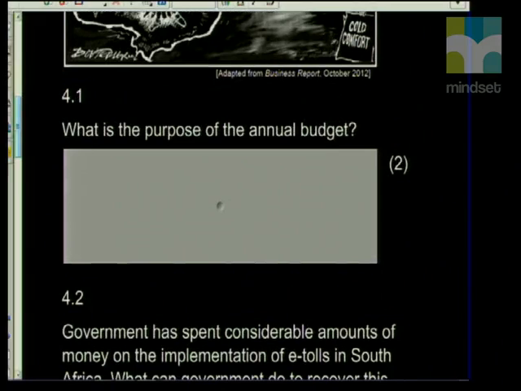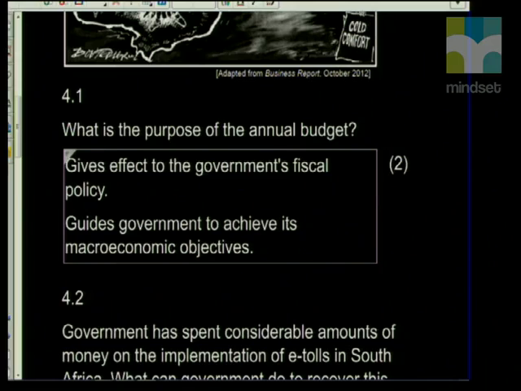Very simple and straightforward. The purpose of the budget, it gives effect to the government fiscal policy. It guides government to achieve its macroeconomic objectives or goals. Someone would simply write, it is just tabling out the plan for the expenditure and income, and how the government is able to generate its revenue and how it's going to spend that revenue.